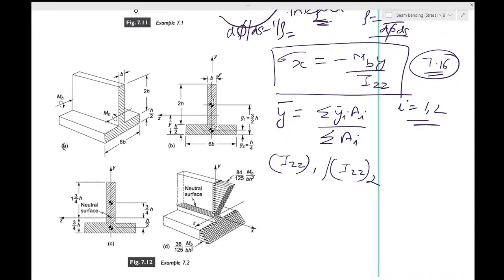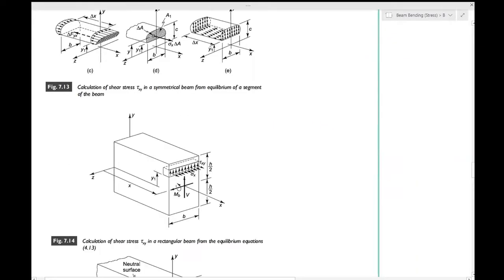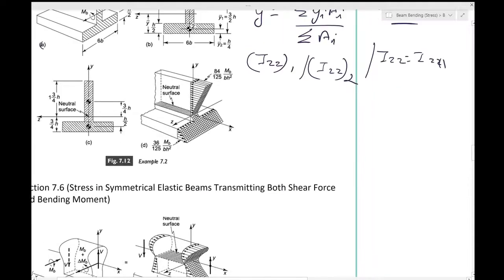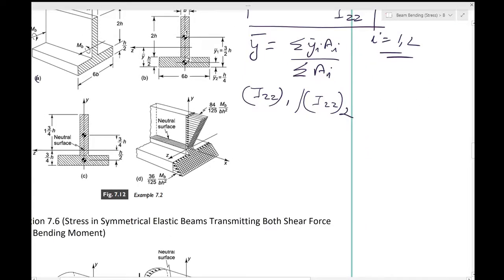If there is any shred of a doubt, please do this from your APL 100 knowledge and then come back to this so that you are clear on this, because it is very unlikely you will get a geometry which you have seen before. So the only way is to be able to find them using the methods which you have learned before, and hence IZZ will be equal to IZZ1 plus IZZ2.